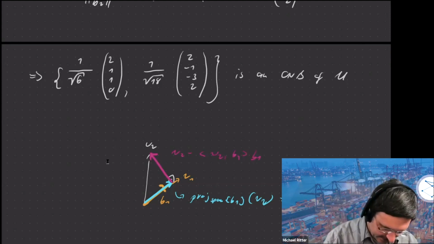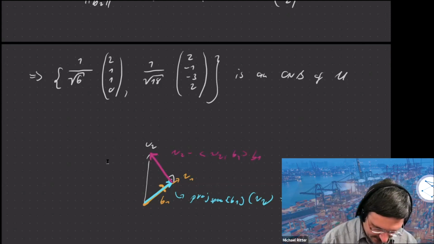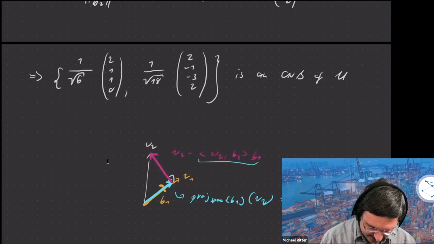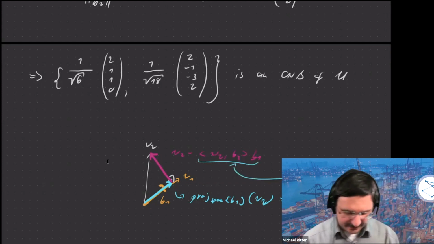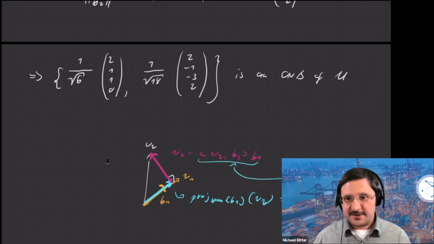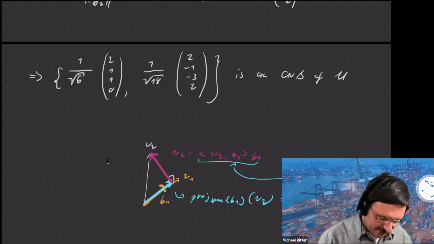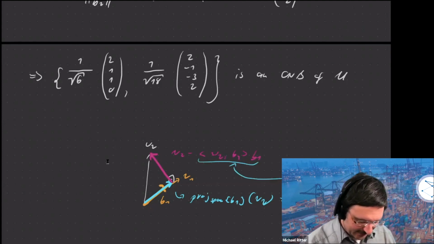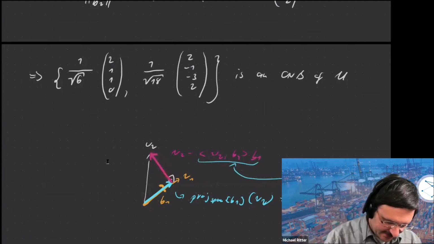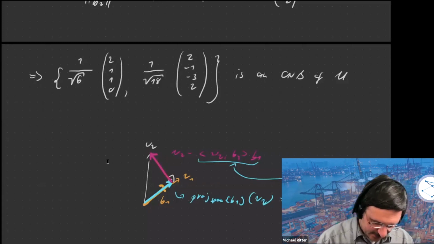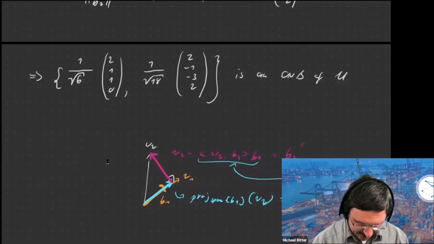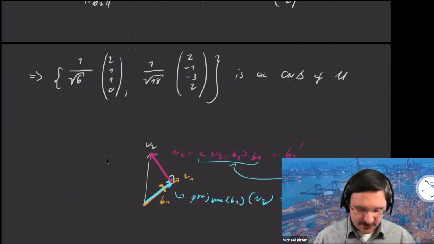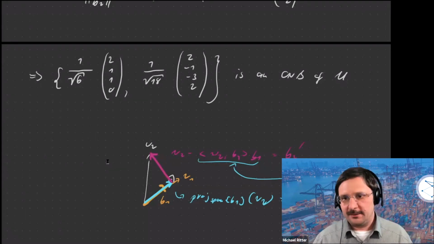Right, so again, that's the blue part here. If we just take V2, subtract that blue part, then that red part is what remains. And that is exactly what we take as our B2 prime. And then for B2, we just normalize that.